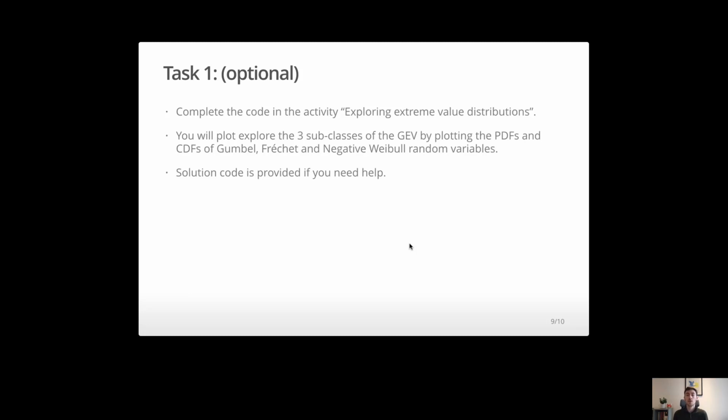It'll get you to go through and plot the PDFs and CDFs of each of the three subclasses, a Gumbel, a Frechet, and a negative Weibull random variable, for a variety of parameters for each of these subclasses, and build some intuition about what these distributions actually look like. The solution code is also provided in that folder, so if you're trying to work through this yourself, hold out looking at that. If you're a bit short on time, feel free to just browse your way through that solution code.